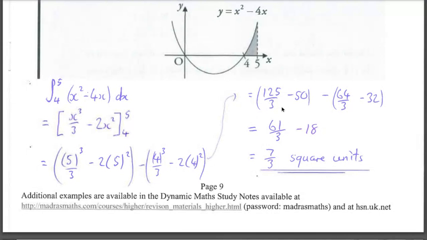So we're going to end up with 125 over 3 minus 50 in the first bracket, minus 64/3 minus 32 in the second bracket. Guys, do yourself a favor, evaluate the inside of each bracket first. If you just try and expand the brackets and tidy up, what you'll find is here we're meant to subtract the minus 32.